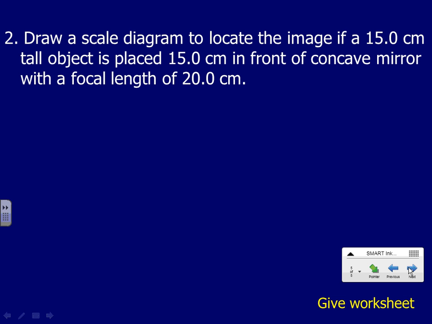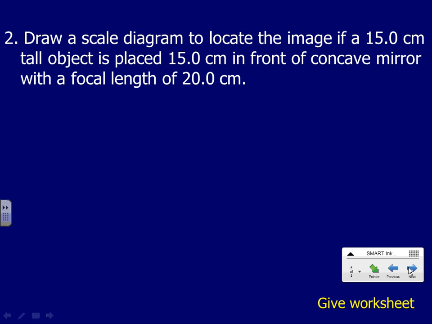So for my scale, if you're using a protractor like we've been using that has that radius of 5 centimeters, then what must equal 5 centimeters in this example in order for us to get a good scale diagram? What is equal to 5 centimeters? What is it in this example? What's the focal length?